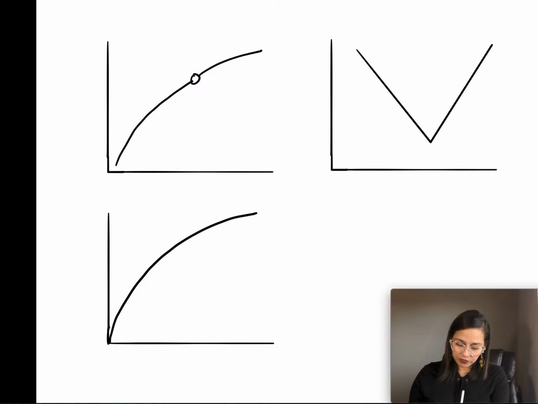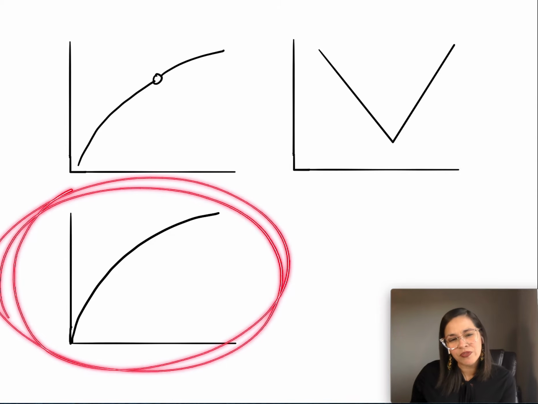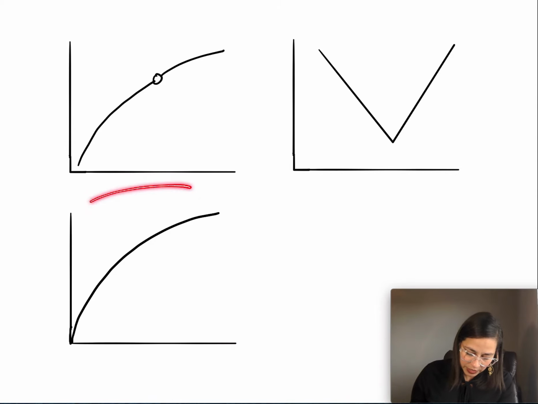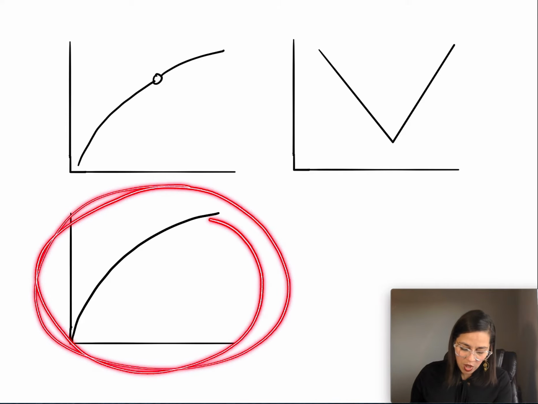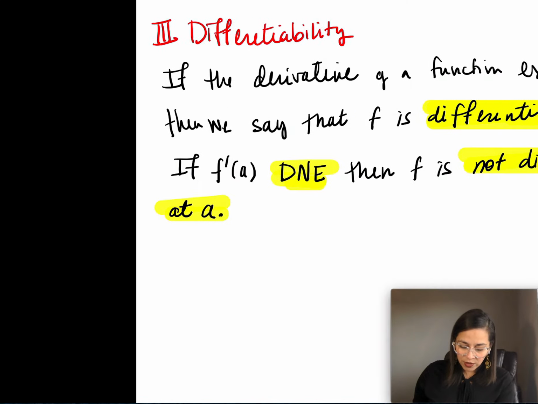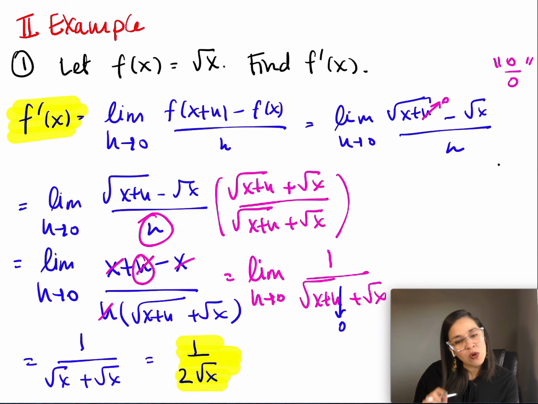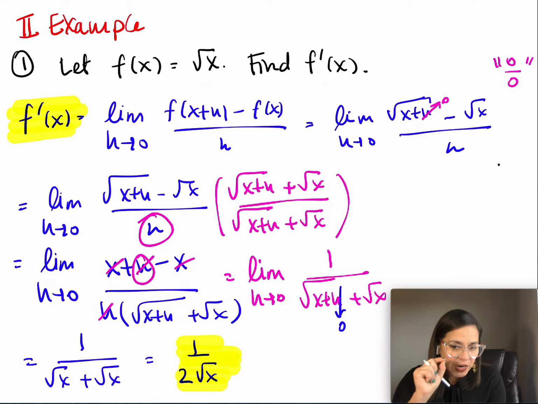So let's see. Here I have the 3 cases. I'm going to look at this one first because it looks very similar to the graph of root of x, which we already did. If you go back to the graph of root of x, which looks like that one, we know that the derivative as a function of x is equal to 1 over 2 root of x.